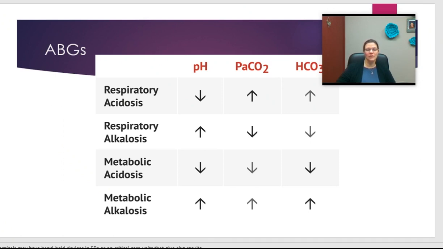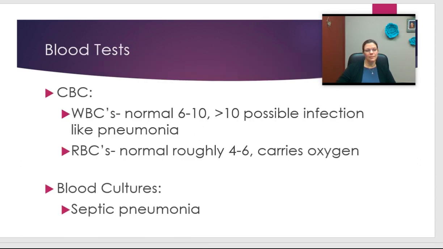And others, you have to send the blood down to the lab to get results. We will do ABGs later in the program. If not before, you will definitely learn them during your level 4, which is your final semester before you graduate, in critical care.